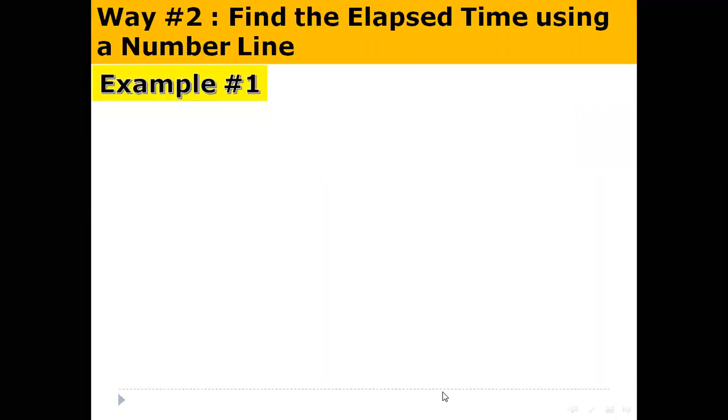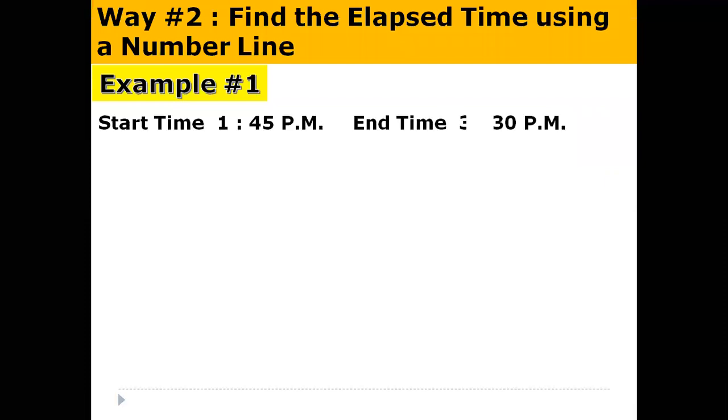There is another way to find the elapsed time, which is using a number line. Using number line means we're gonna put the ahead timing for each hour, okay? Like for example here, the starting time is 1:45 p.m. The ending time is 3:30 p.m. Start with the starting time, 1:45.